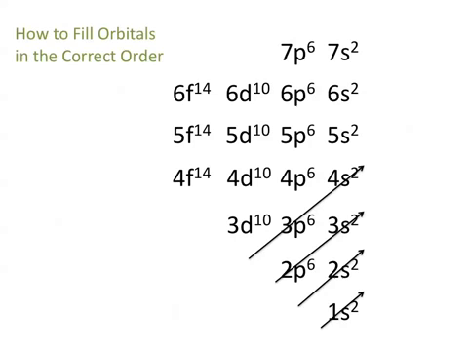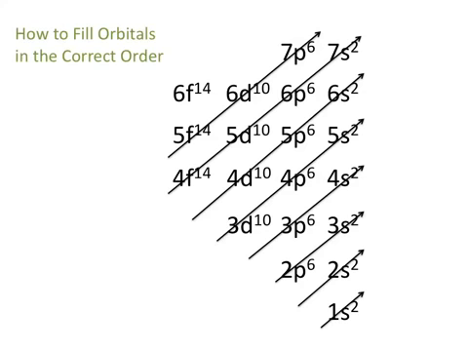And that's because even though 4 is a higher energy level, the 4s orbital actually has a lower energy than the 3d orbitals do. So you fill 3p and then 4s, followed by 3d, then 4p, then 5s, and so on. And so this is a great diagram to help you keep track of which order to fill the orbitals in, because it does get a little confusing.